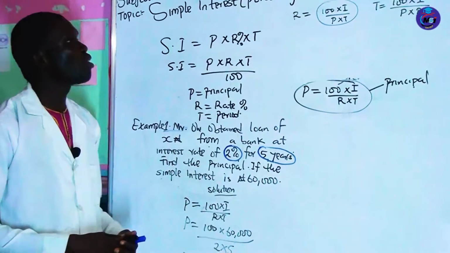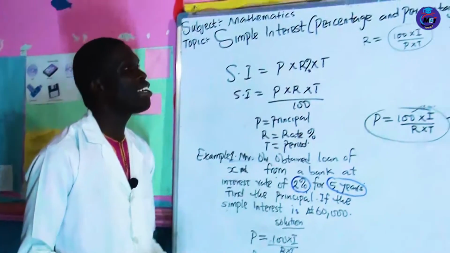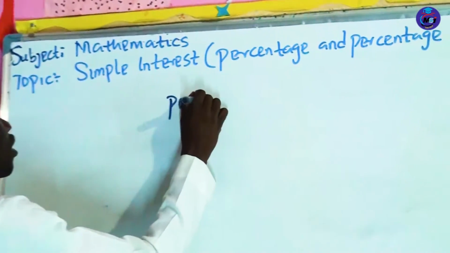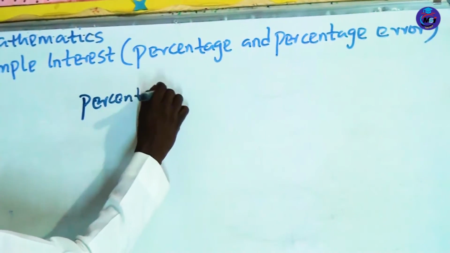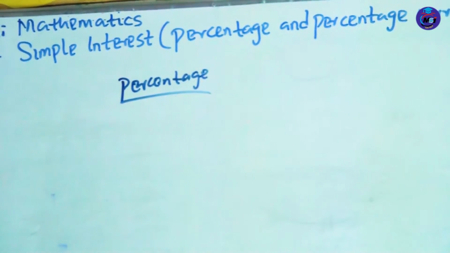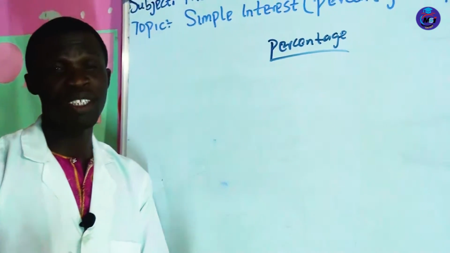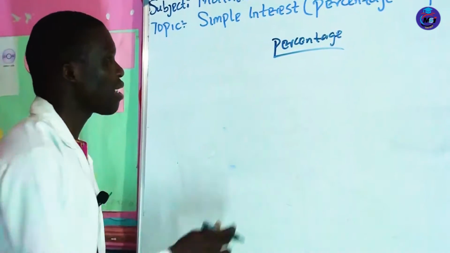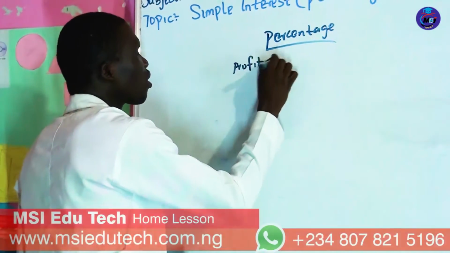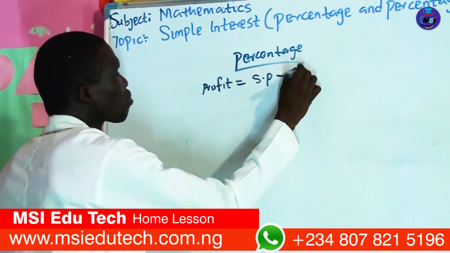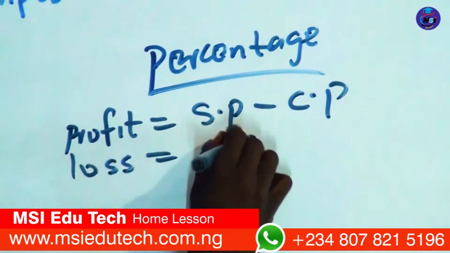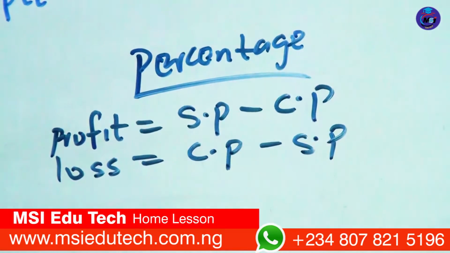Now let's move to percentage and percentage error. Percentage. Let me take you back to probably primary school or junior secondary school, so as to refresh your brain. You remember that profit equals selling price minus cost price, while loss equals cost price minus selling price.